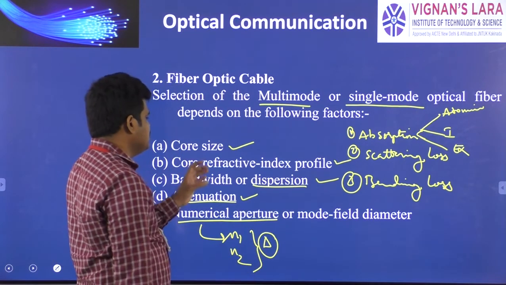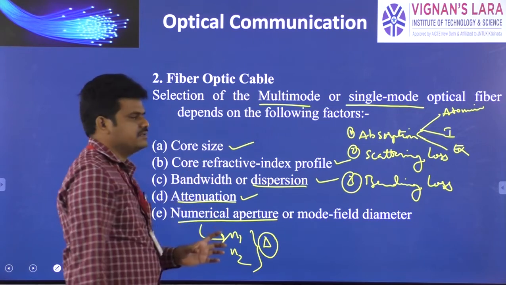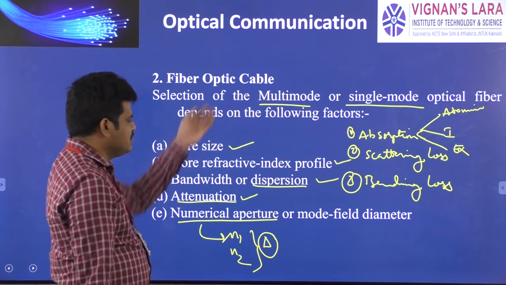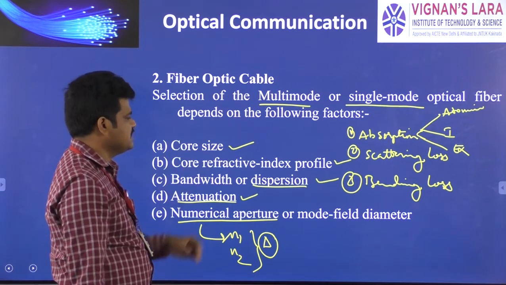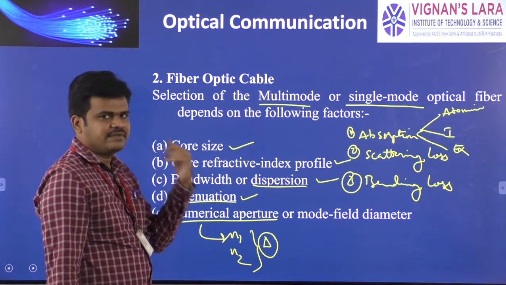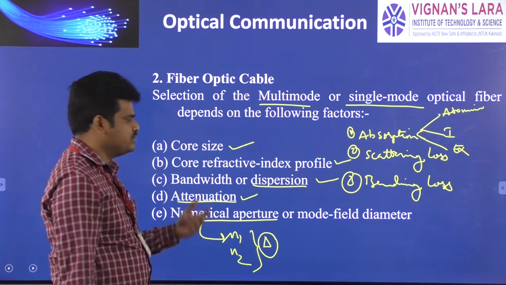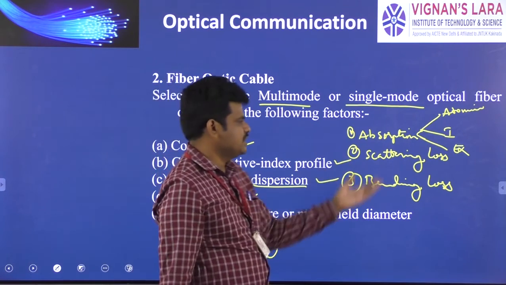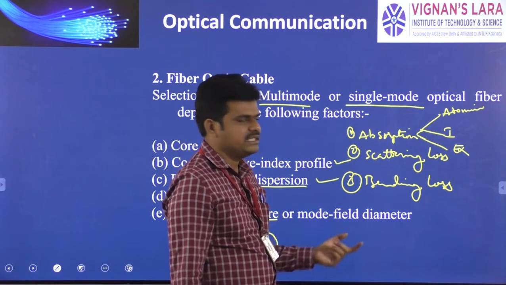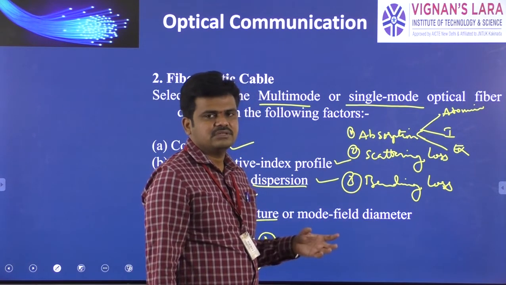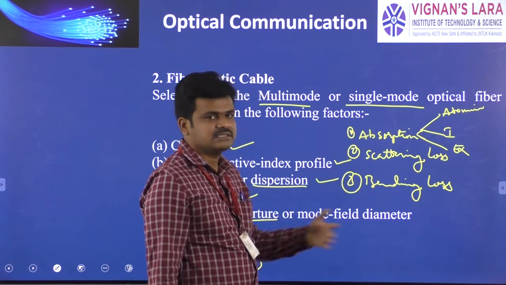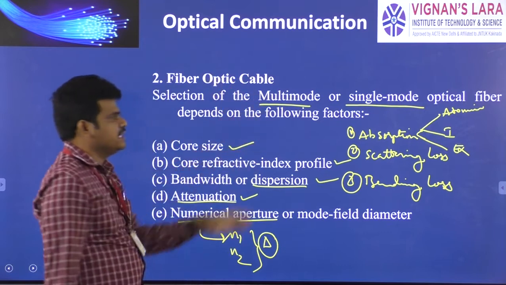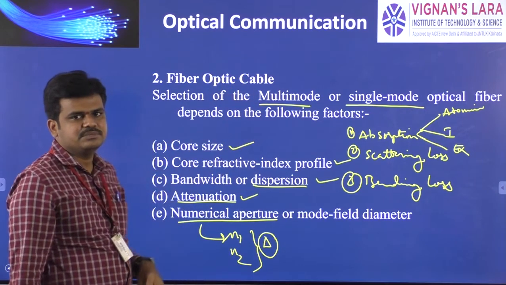When we are selecting the optical fiber, we need to consider all these parameters: core size, core refractive index, clad refractive index, numerical aperture, dispersion, attenuation, and also absorption loss, scattering loss, bending loss. We have to consider the reasons for all these losses while selecting the fiber optic cable, maybe multi-mode or single mode fiber.